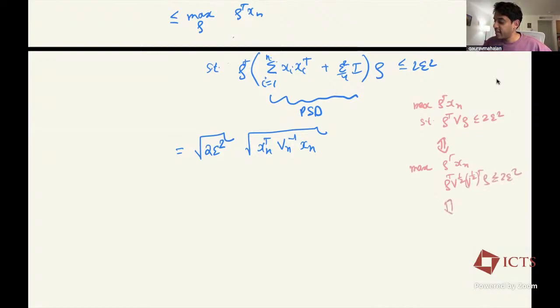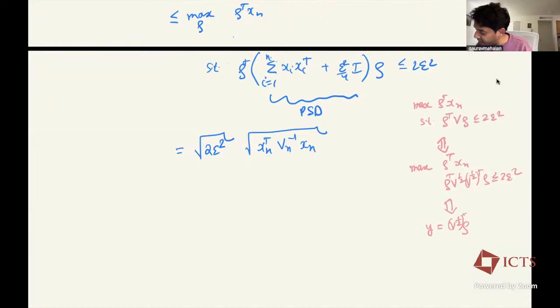Okay, and then you replace y with this, and you basically get exactly the same thing. So this norm has to be exactly root of 2 epsilon squared times xn transpose Vn inverse xn. Does that make sense?